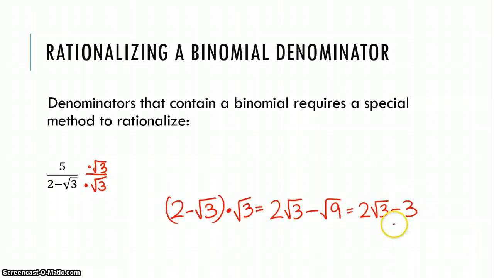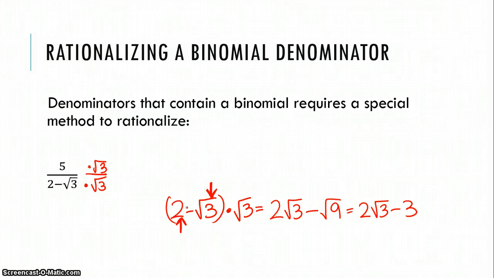I got rid of the radical in the second position here, but I added a radical in the first position of the denominator. So multiplying just by a simple radical isn't going to take care of getting rid of roots. We still have that problem.